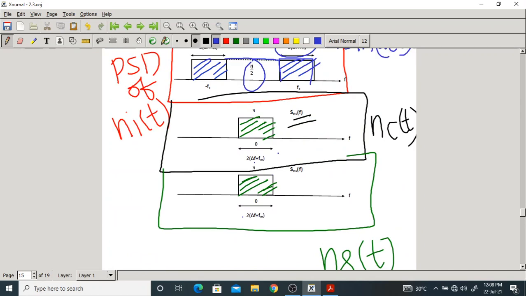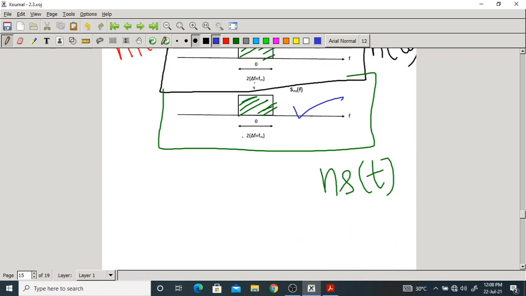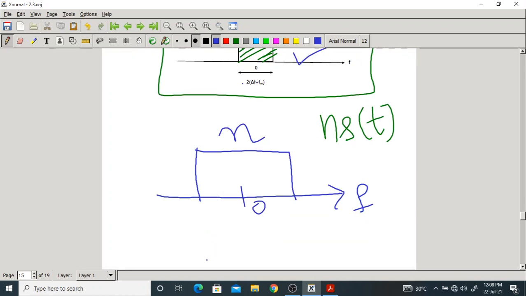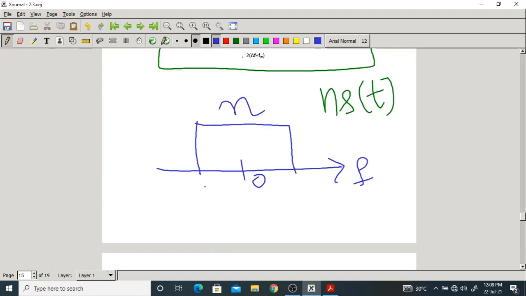The power spectral density of ns of t, how is it? It is 0 outside. This is f. It is eta. What is this length? 2 into delta f plus fm.